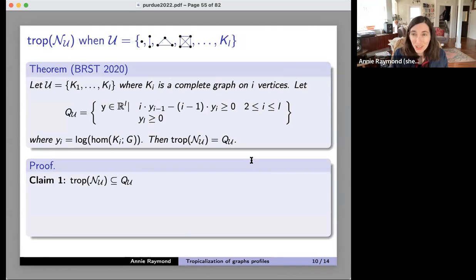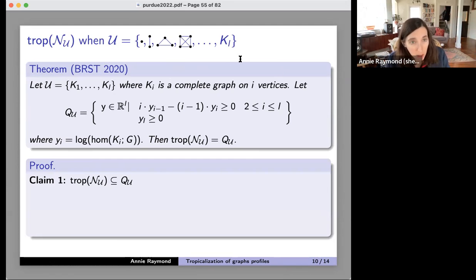So let me show you a simple example of how to calculate a tropicalization. Let's say that I have the collection of all complete graphs on up to L vertices. So you remember that for the density profile, when you take an edge versus any complete graph, and then the number profile is even more general, and certainly we didn't know if we took 3 of them, we would have no possibilities of understanding anything.